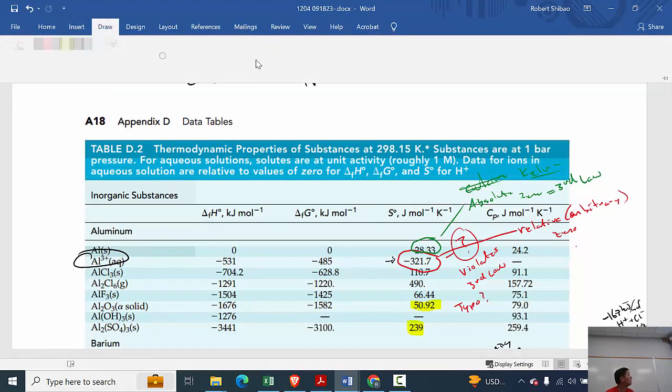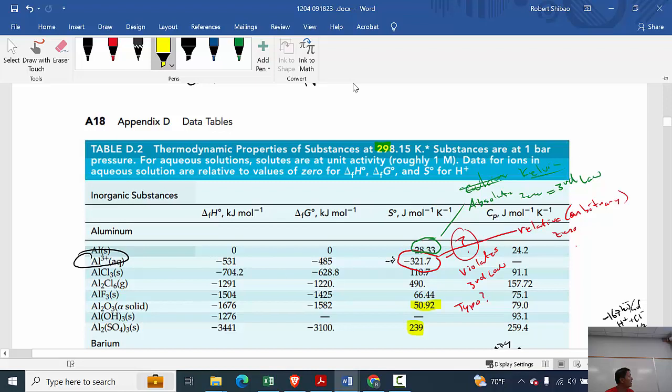Okay, good. 298 Kelvin, or 298.15, depending on how precise you need to be. 1 bar. 1 bar and 1 atmosphere are close.